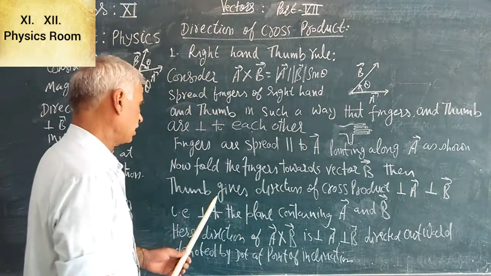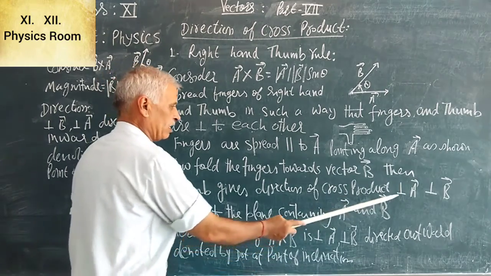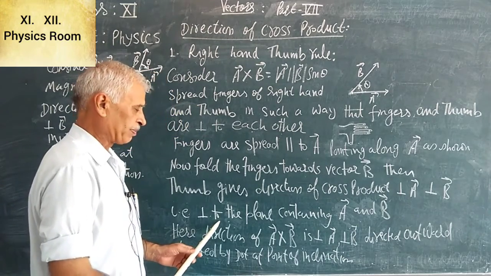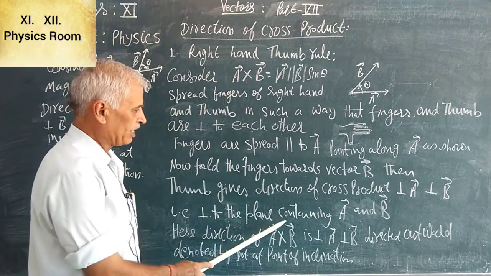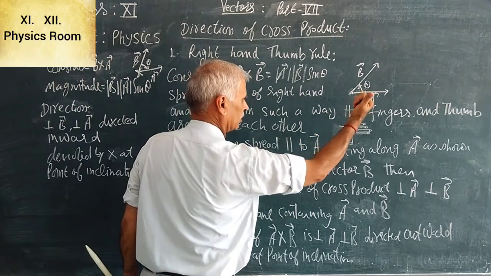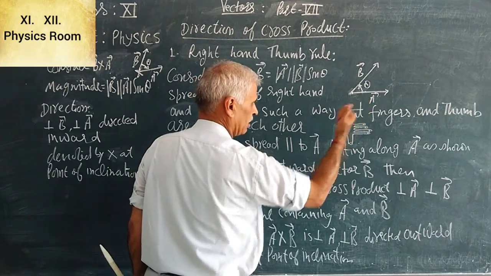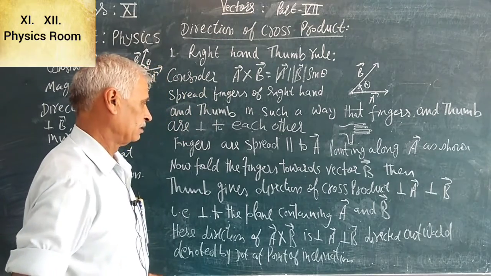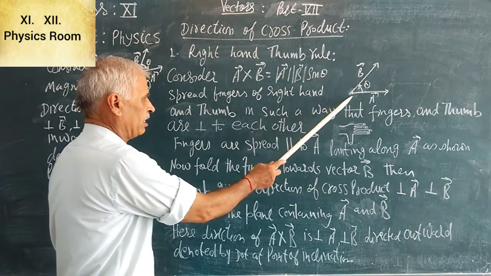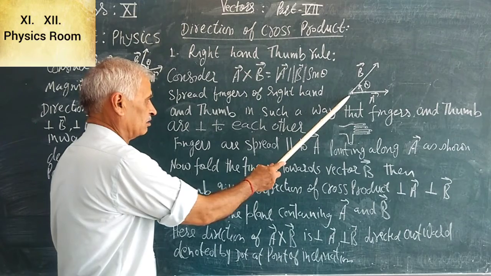Then the thumb gives the direction of the cross product, which is perpendicular to vector A, perpendicular to vector B, that is, perpendicular to the plane containing vectors A and B. It is denoted by a dot at the point of inclination.